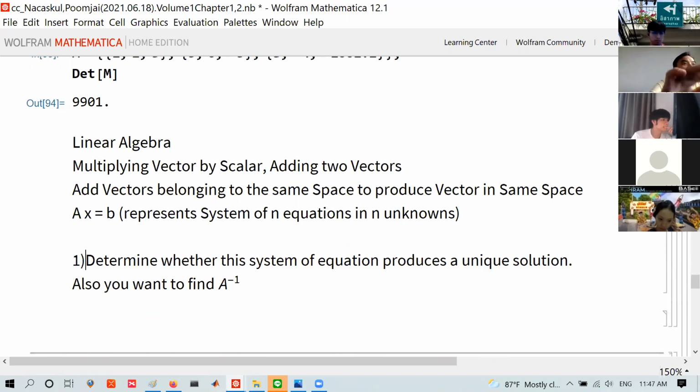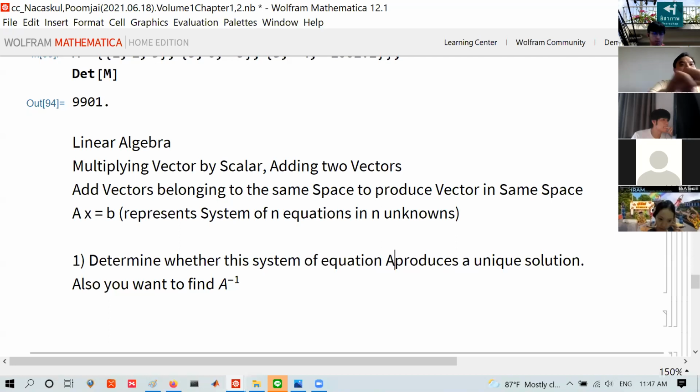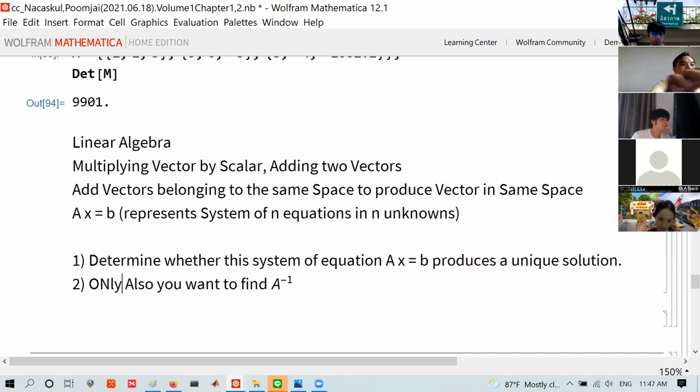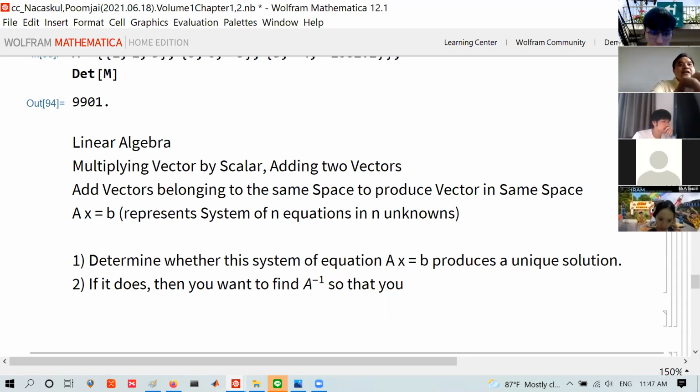One determines whether the system of equations AX equal to B produces a unique solution. And if it does, then you also want to find A inverse, so that you can solve for X is equal to A inverse B. That's it.